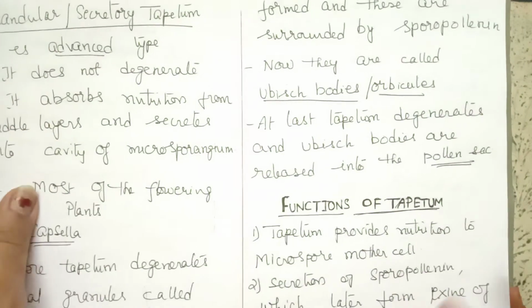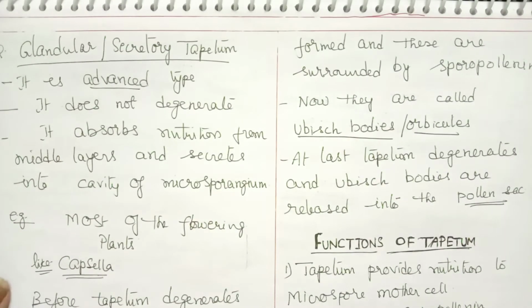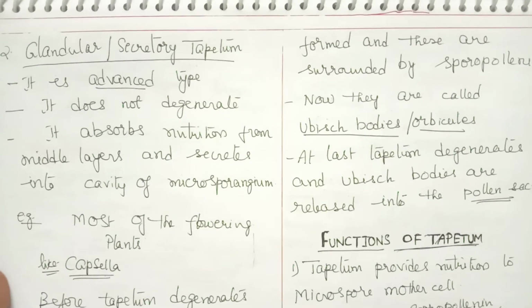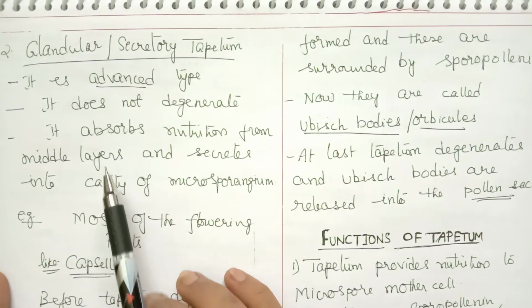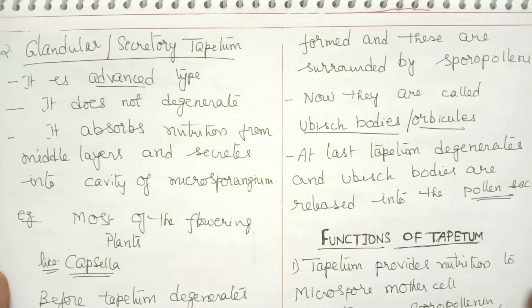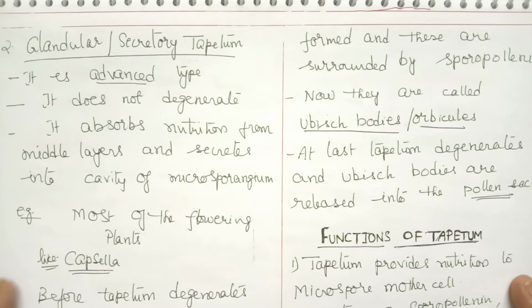Now the second type is called glandular or secretory tapetum. It is the advanced type. Here the cells do not degenerate. They absorb nutrition from middle layers and secrete it into the cavity of the microsporangium. The cells degenerate only after they complete their function.